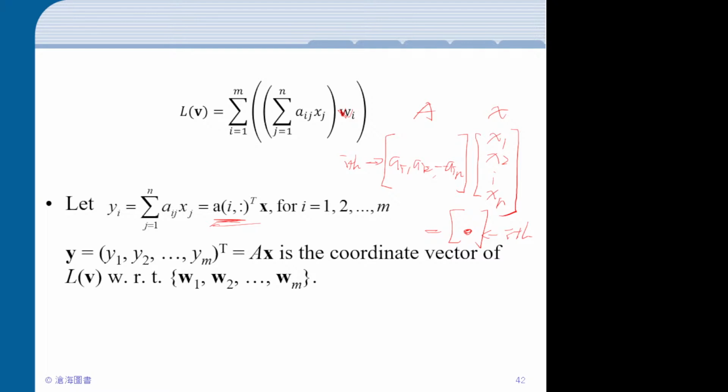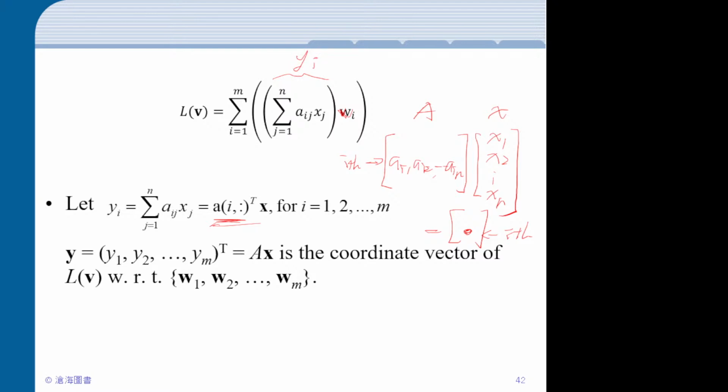So we see that this is what we expect. So for the output vector, the ith element is this, and then every element will just be like that. So notice this thing should be the y_i, the ith coordinate of the output vector.